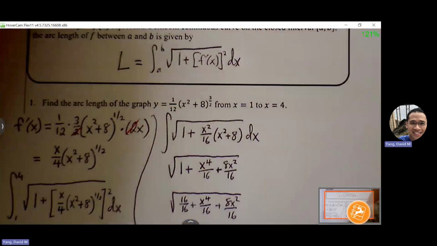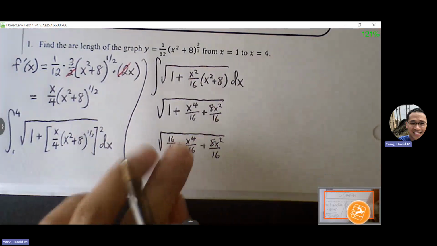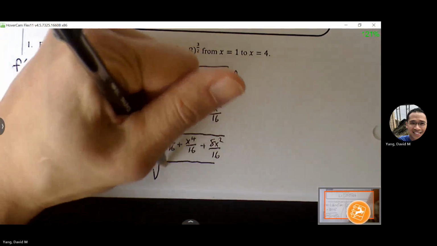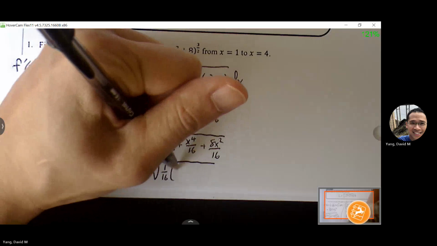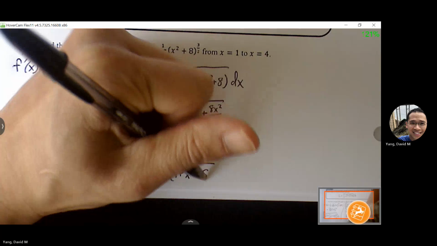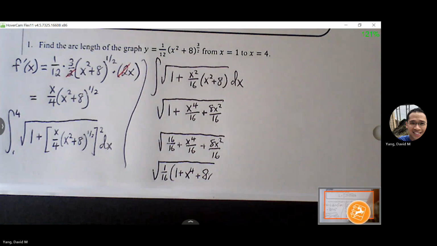Okay, the reason I'm doing this is because if I can factor a 1/16 out, that 1/16 can be pulled out of the square roots entirely. X squared.